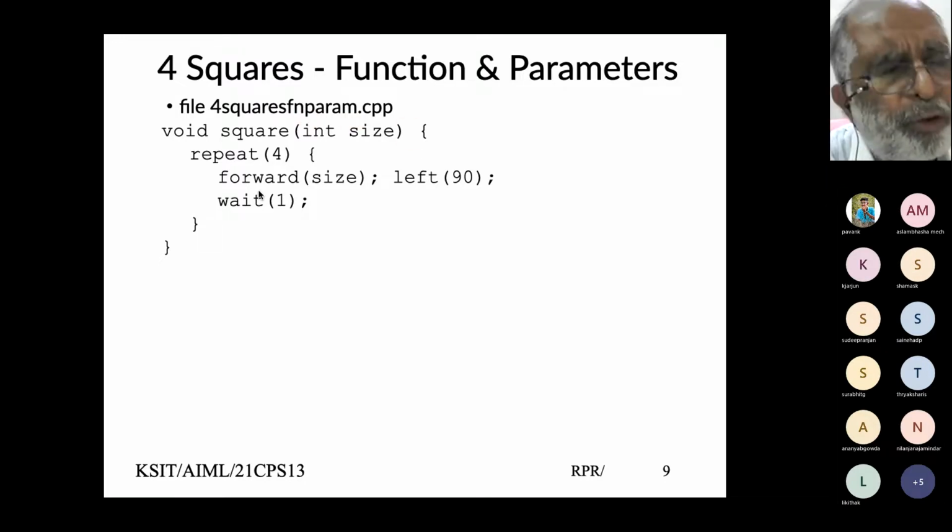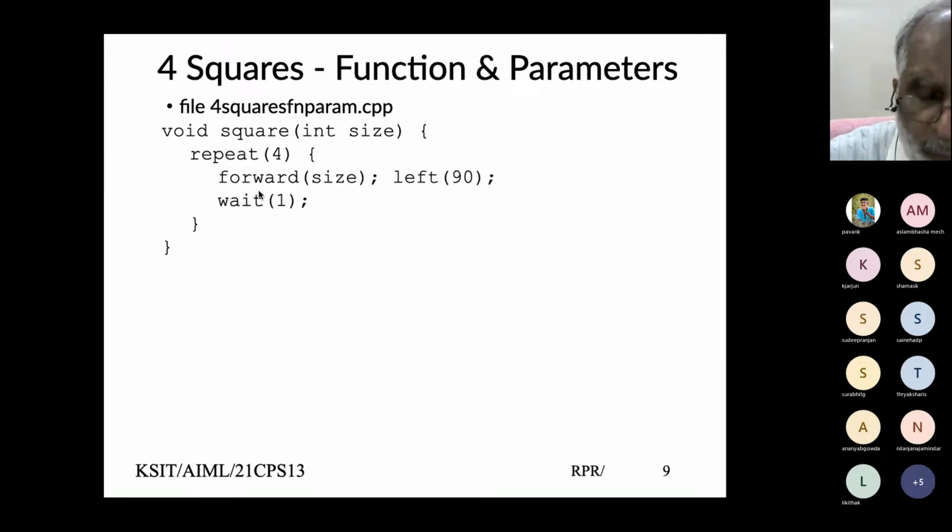I'll get into more details on what parameter passing means, what kinds of parameters there are, if there are multiple parameters what the ordering would be, and what void or anything else means. But conceptually, I can define a function, pass in a parameter, and use that parameter, and this gives me dynamism, more flexibility in how the square can be used.